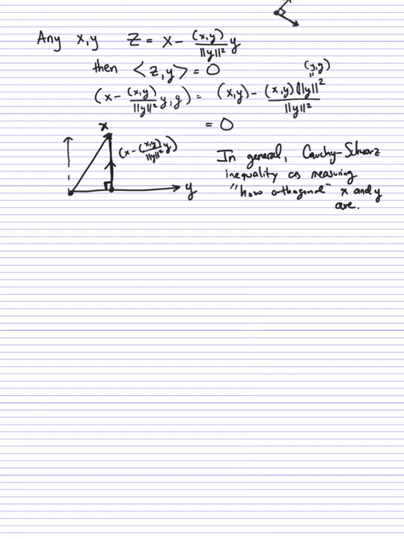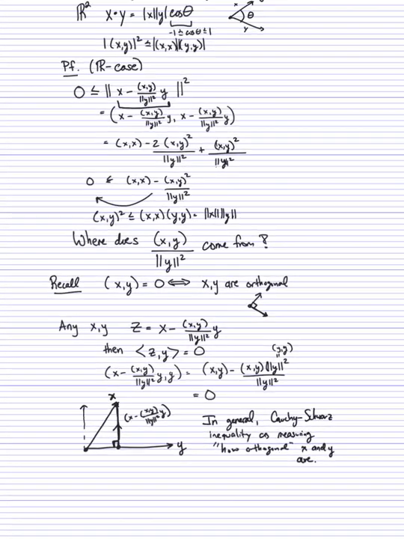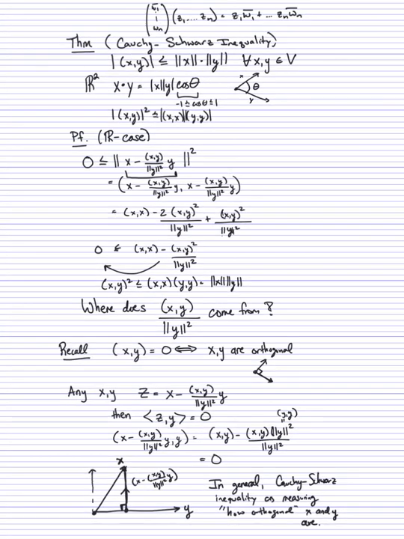So in particular, if x and y are on the same line, this would be the least orthogonal picture, and the Cauchy-Schwarz inequality becomes an honest equality.